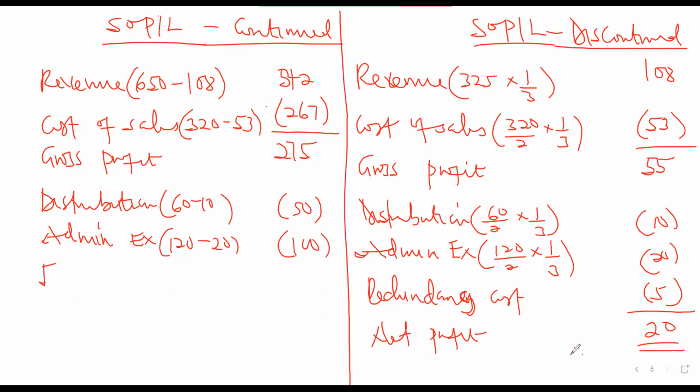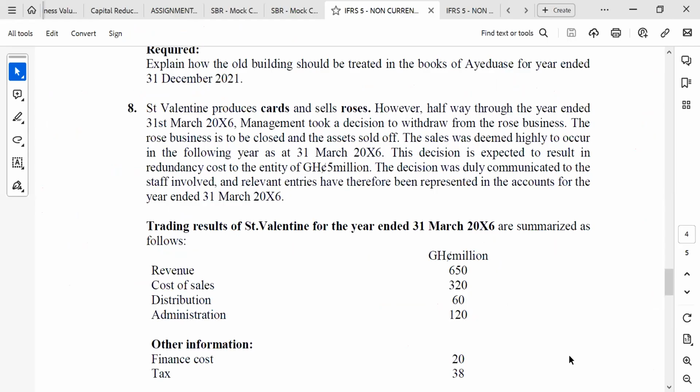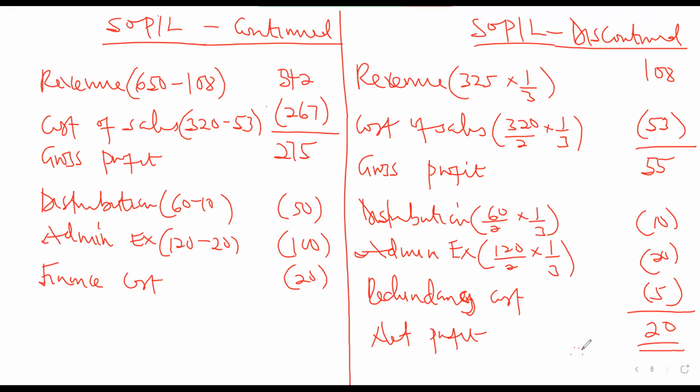Then we come to finance cost. The finance cost is 20, and tax is 38. So what are we getting? Profit before tax is how much? You're getting 105.